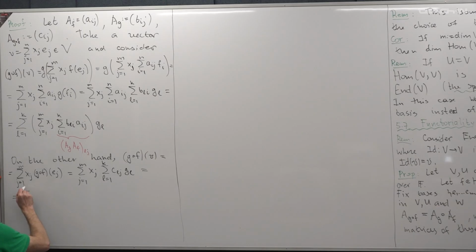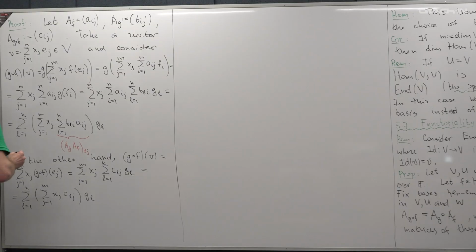So the first summation would be over l, then another summation over j, and here we have c sub lj times g sub l.